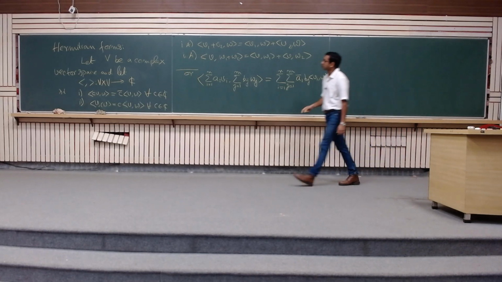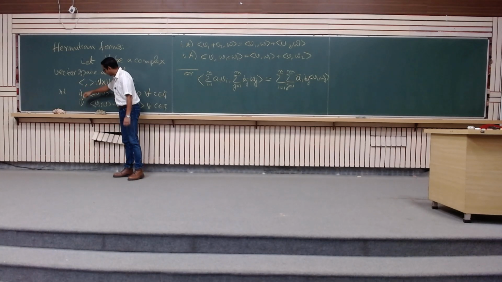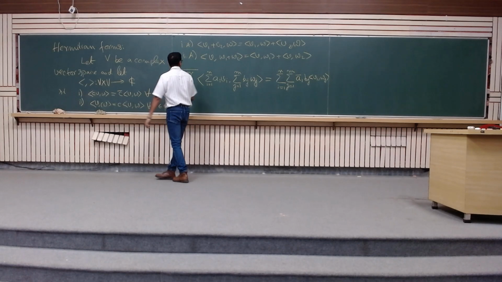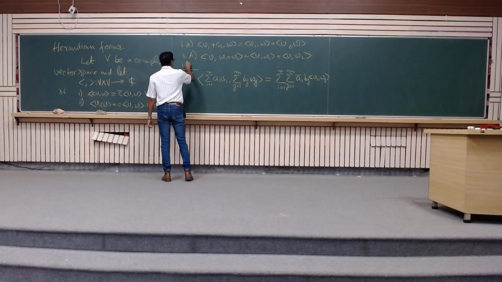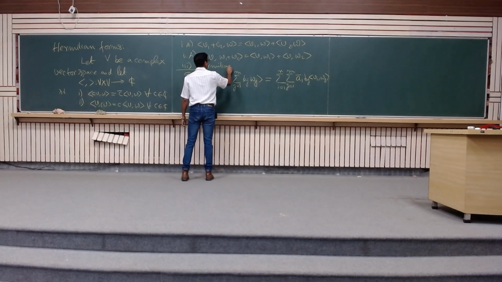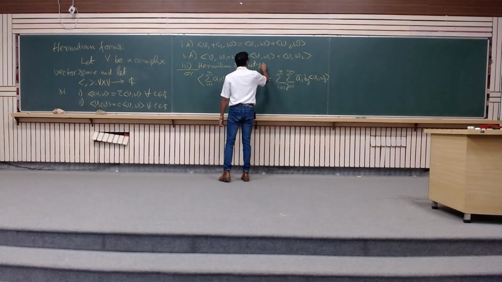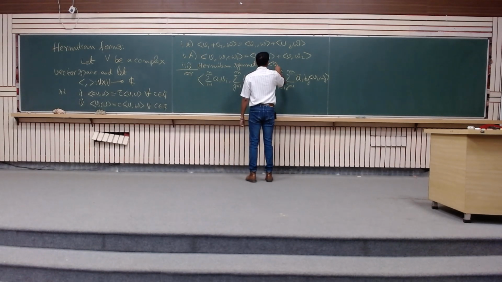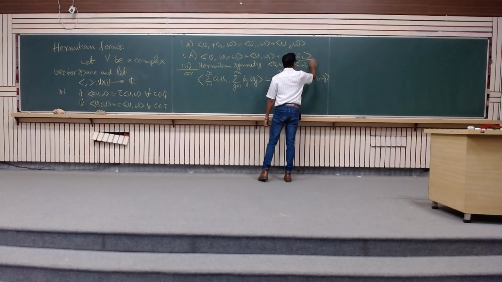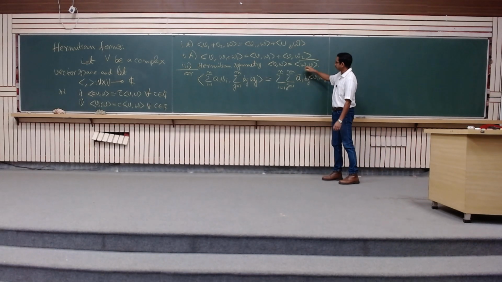And there is one more property, besides 1 and 2, that is the conjugate linearity in the first variable and linearity in the second variable. There is a third one, called Hermitian symmetry, which is (V, W) is equal to the conjugate of (W, V).